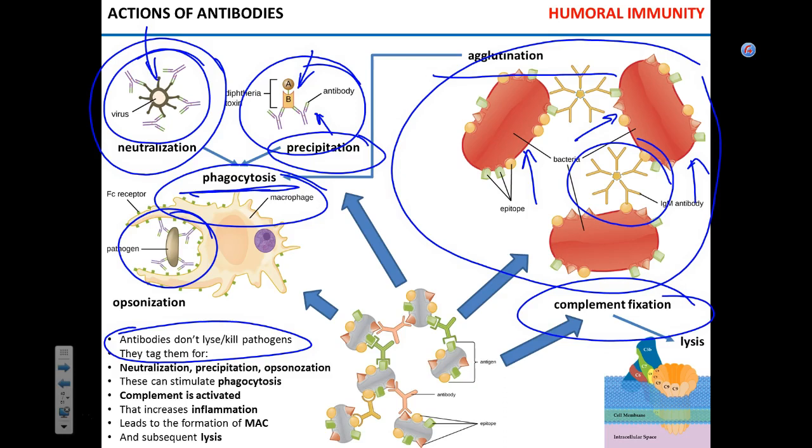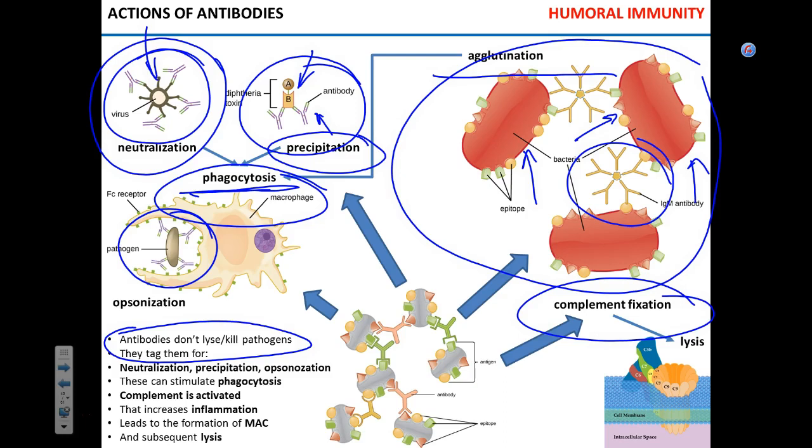So in a nutshell, antibodies do not kill or lyse, they tag the pathogen. They may neutralize it if it's a virus. They may precipitate it if it's a small antigen like a toxin. They may opsonize bacteria, making it more accessible for phagocytes to kill. They may agglutinate the bacteria, preventing their spread.